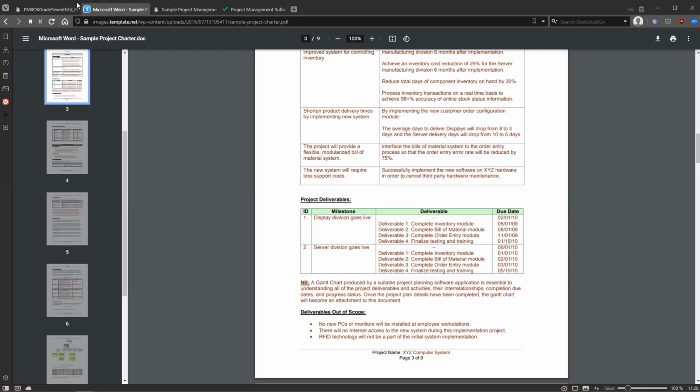Whatever is needed to execute the project, the project manager is capable of doing, as long as it's not limited by company policies.